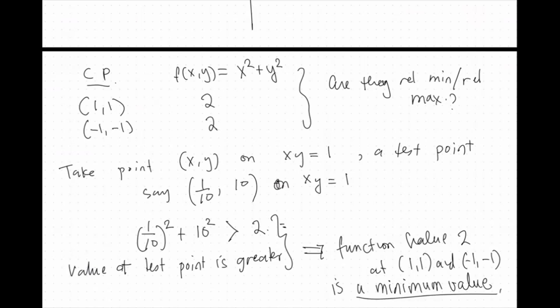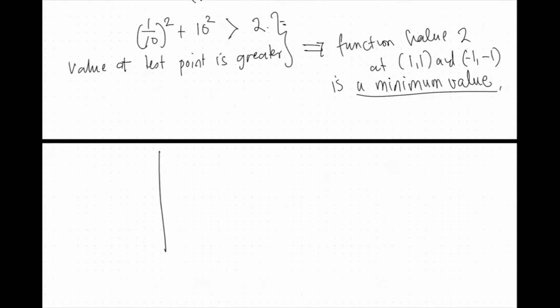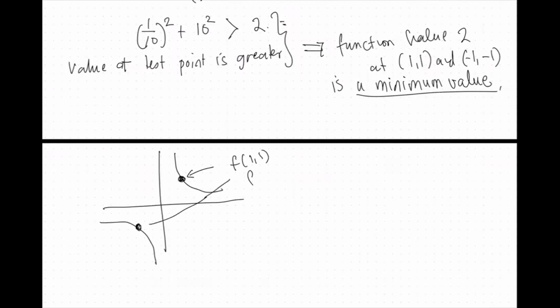That's how we reason out our answer here. If this is your curve, this is 1, 1, so it occurs here. The function at 1, 1 and the function at -1, -1 are equal to 2, and this gives you the minimum value of the function given the constraint.